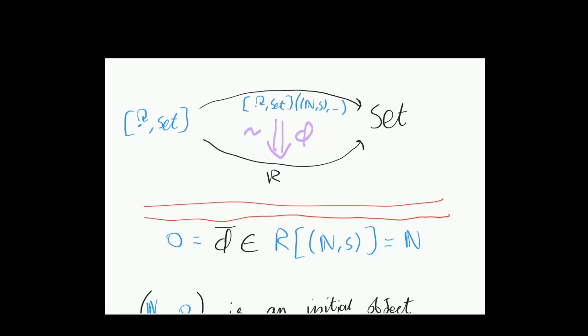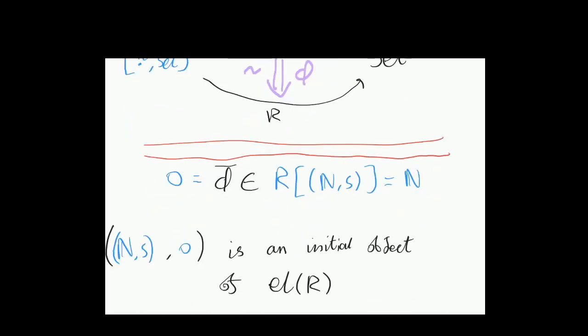Okay? I think this is really interesting. Why is it that the Yoneda lemma is giving us this special natural number 0? And much more interesting, it turns out that if we take our dynamical system of natural numbers together with this 0, that is an initial object of the category of elements of our forgetful functor.